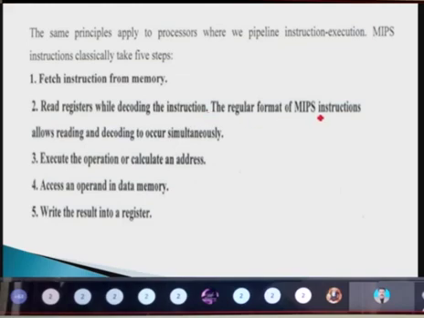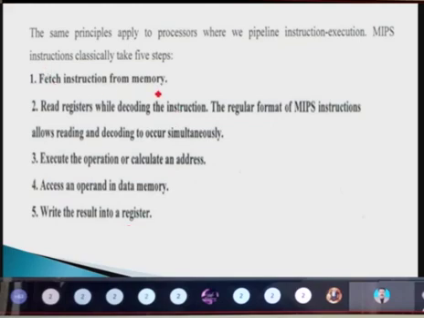The regular format of MIPS instructions allows reading and decoding to occur simultaneously. Then we execute the operations or calculate an address, then access an operand in data memory, and then write the result into a register. So all these are the 5 steps.